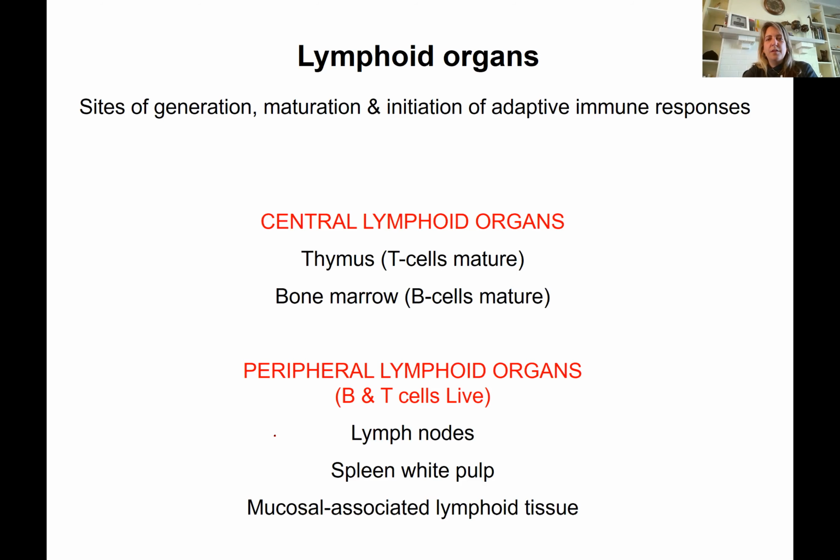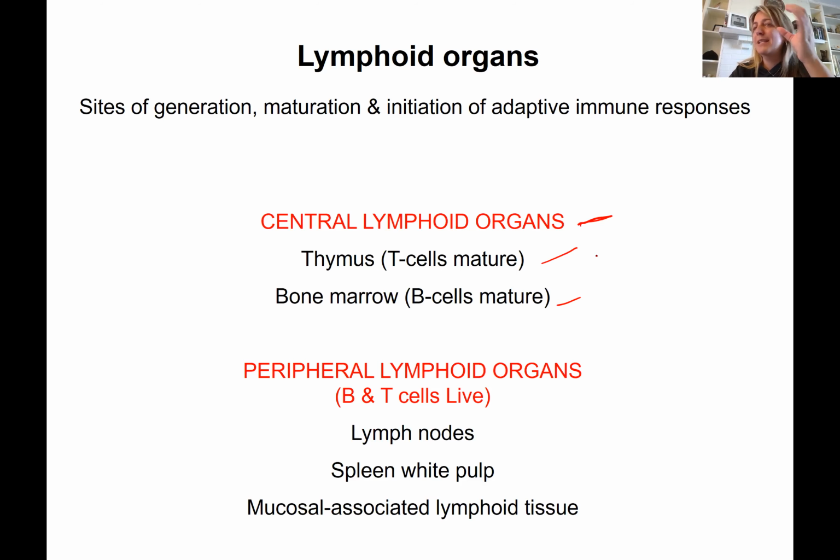We have then some lymphoid organs, and these lymphoid organs are part of the adaptive immune system. And we have the central lymphoid organs such as the thymus and the bone marrow. The thymus is this organ that, when a person or a horse, when any animal is born, sits behind the heart, and it is bigger, very ready to make T cells.